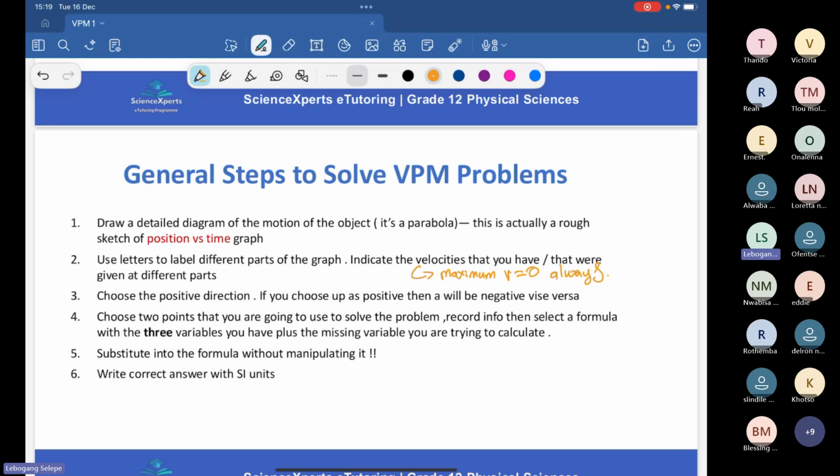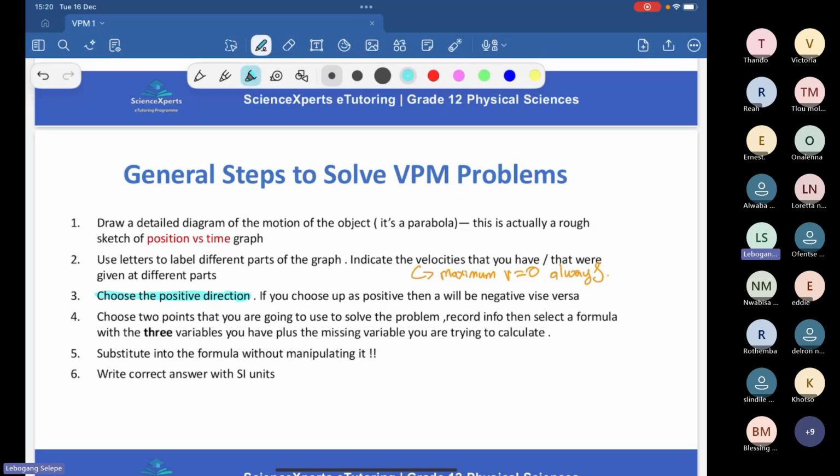All right, so then, before any calculation, guys, like under momentum and impulse, we were choosing the positive direction, right? Choose your positive direction. Your choice of positive direction, you need to stick to it. Because if you choose your positive direction to be up, remember, the acceleration under this topic is always acceleration due to gravity, which is down.